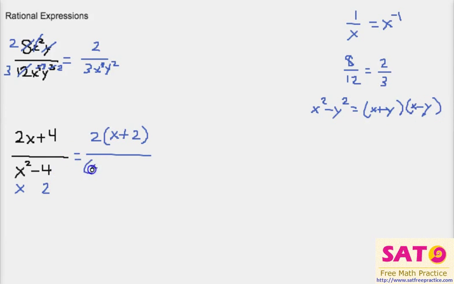So we can do the same thing here. And luckily, we do have something that can be simplified, or crossed out, if you will. And we can cross out these two since they are the same thing. And our final answer is 2 over x minus 2.